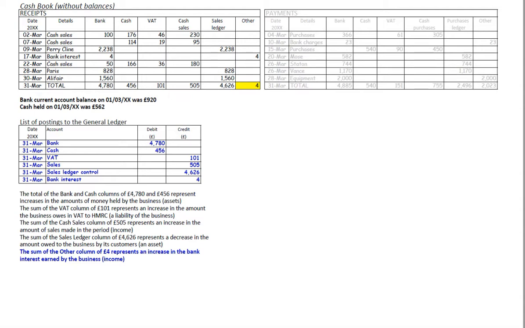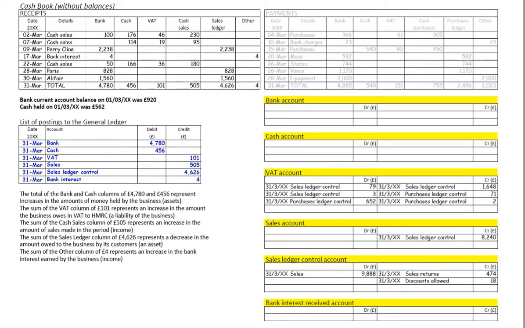We can now move to look at how we record these in the actual T accounts in the general ledger. So let's bring up the different accounts. So we've got a bank account, cash account, a VAT account, which also already contains a lot of entries from the other books of prime entry that we've dealt with so far.